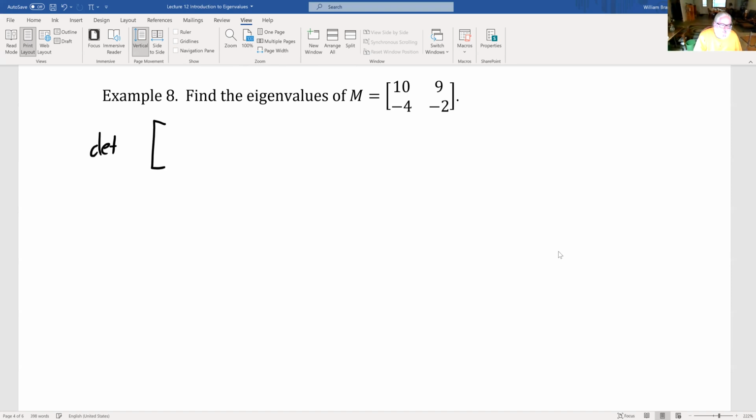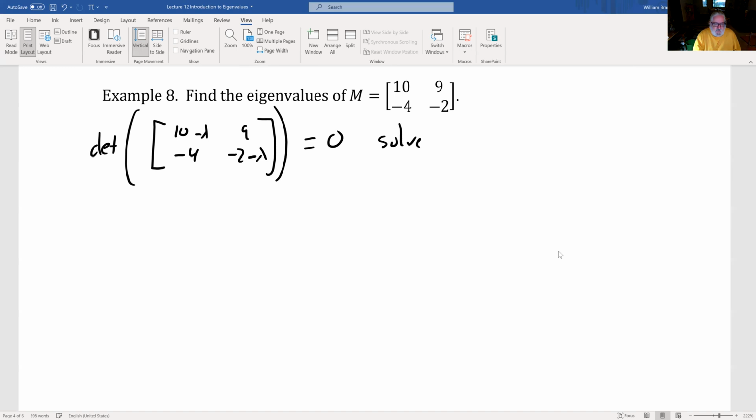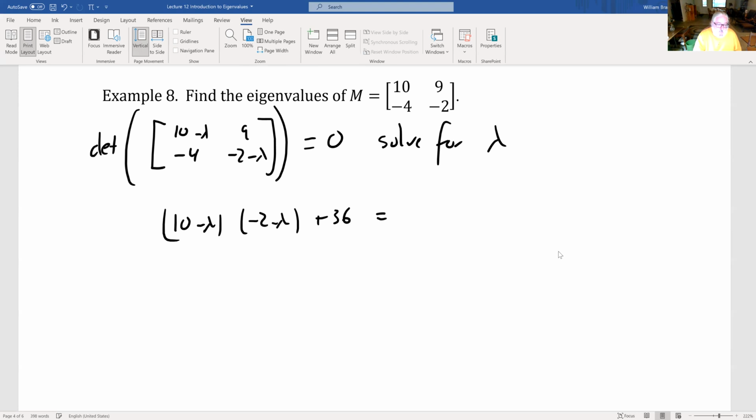So how do we find the eigenvalues? You take the matrix 10 minus lambda, -4, -9, -2 minus lambda, and we set the determinant equal to 0 and solve for lambda. So that's (10 minus lambda) times (-2 minus lambda) plus 36, right? Because it's -9 times -4.